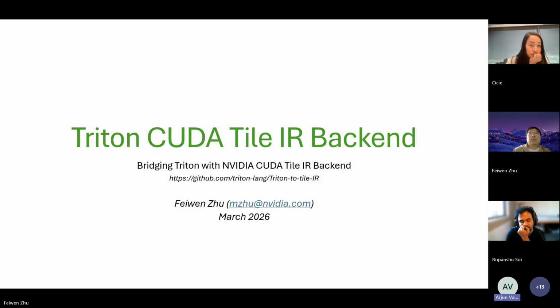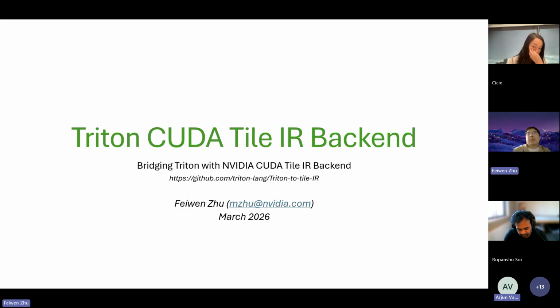And the question related to the previous question was essentially whether the Qtile front end is expected to be stable over time, or with each new generation should we expect more APIs to come in? I think that might become a challenge if there are more APIs that come into Qtile, and then it might take time for Triton to catch up, right? I see that the spec is for tile IR and not for Qtile Python, so I was curious to know about that.